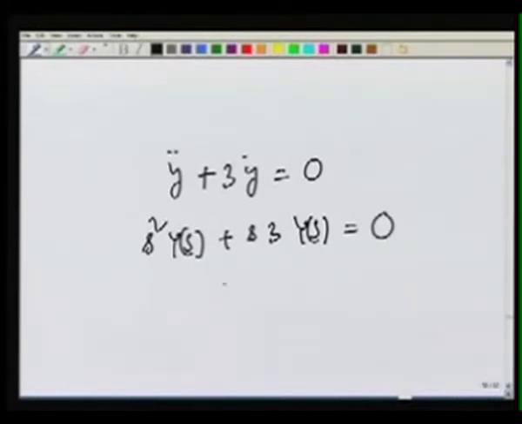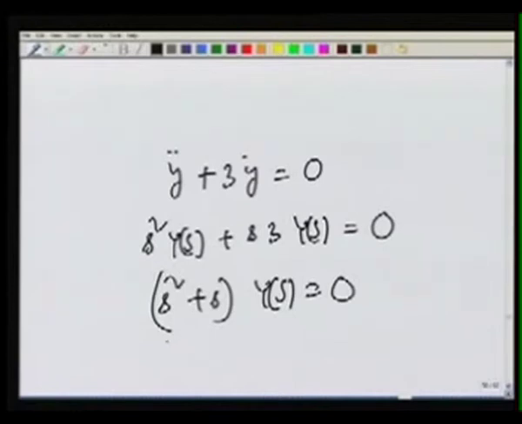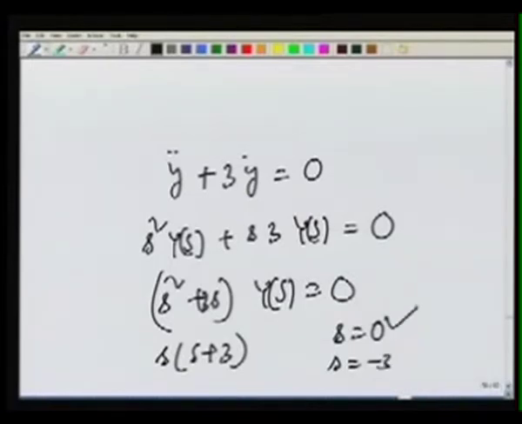So, the characteristic polynomial is s square plus 3 s. So, the poles are at s equal to 0, s equal to minus 3. Because one of the poles is at 0, the indirect method fails in this case.